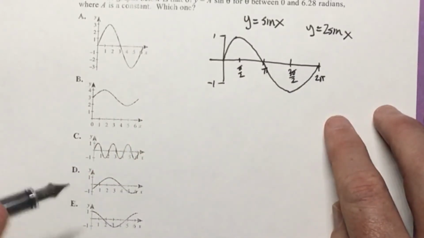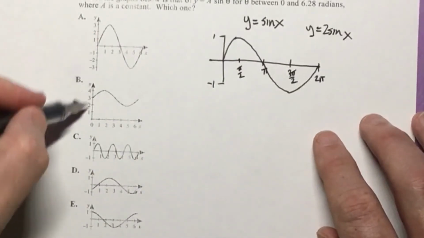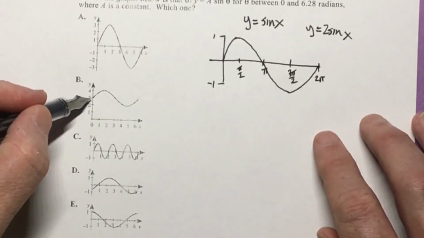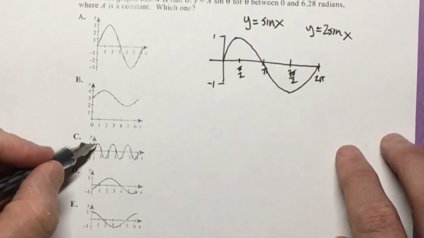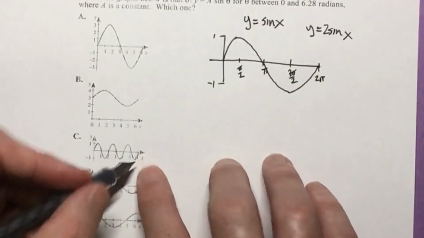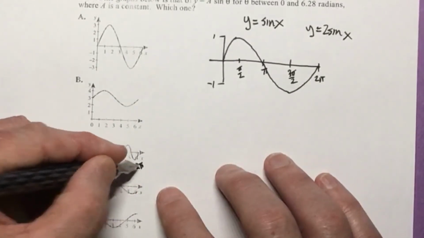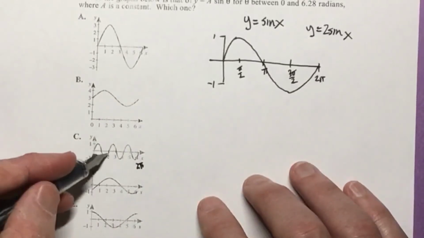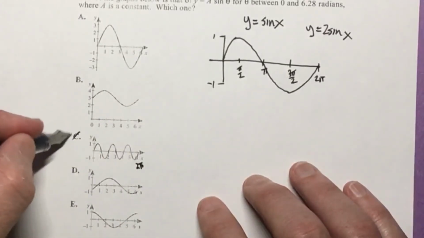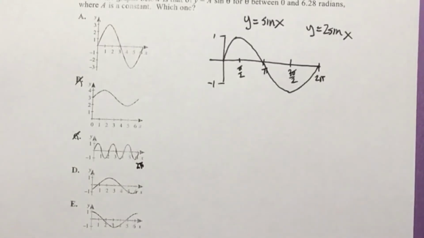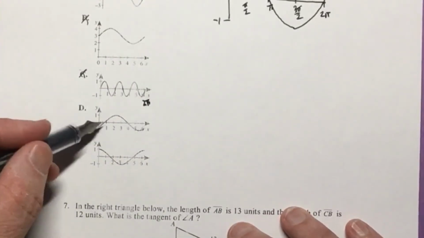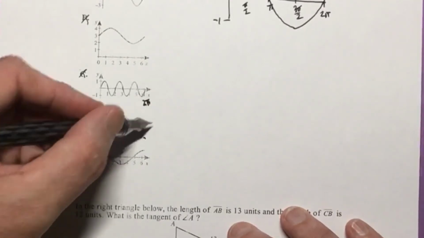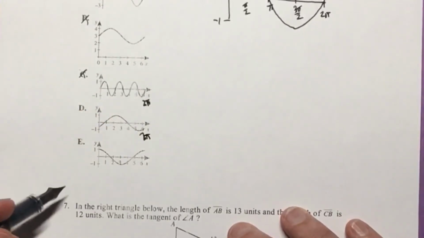First off, it can't be B, because the graph is not even where it should be. It's up there. If we look at this value here, 6.28, this is your 2 pi out here. It looks like we've got 1, 2, 3 cycles in there. It's not C. Let's look at D. Nope, now we don't even have a full cycle up to 2 pi, 6.28.